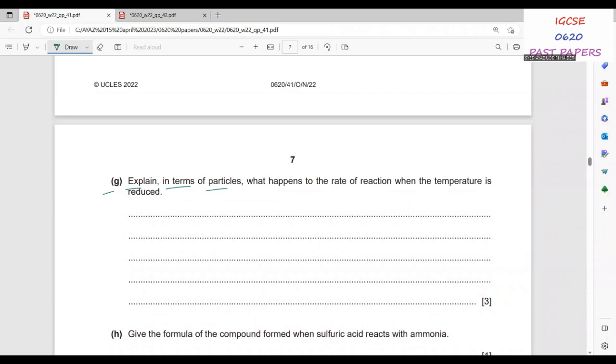Explain in terms of particles what happens to the rate of reaction when temperature is reduced. Now you have to explain in terms of the particles. So you'll write rate decreases, because particles have less energy.